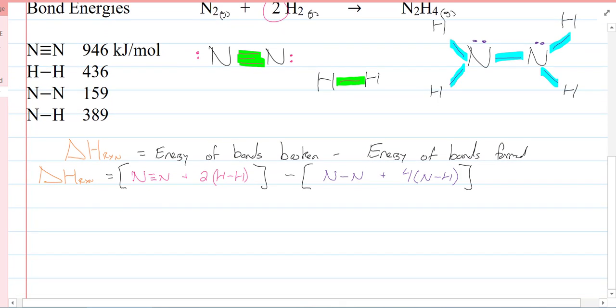Now we got to plug in some numbers. Delta H of my reaction equal to NN triple was 946 kilojoules per mole. 2 times HH 436.